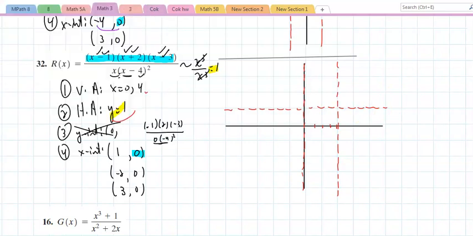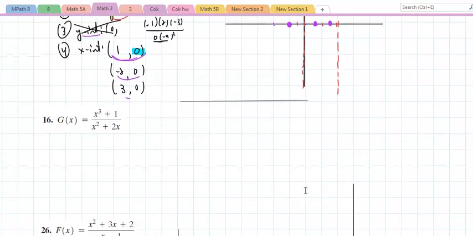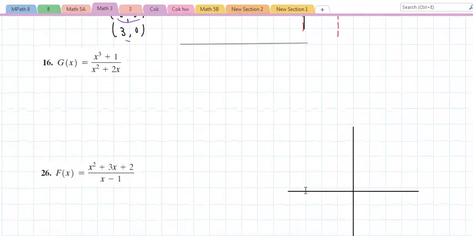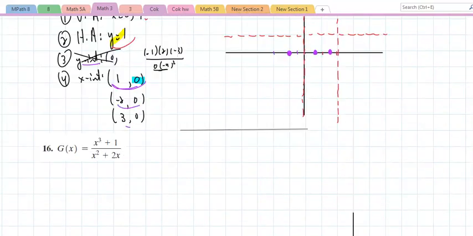The graph must pass through its intercepts. It's never going to cross the y-axis. 1, 0 is 1 point. Negative 2, 0 is another point. And 3, 0. I'll come back to that. We're almost done with this. We'll continue this in the next video.